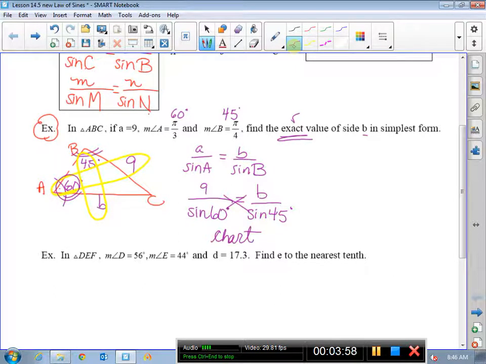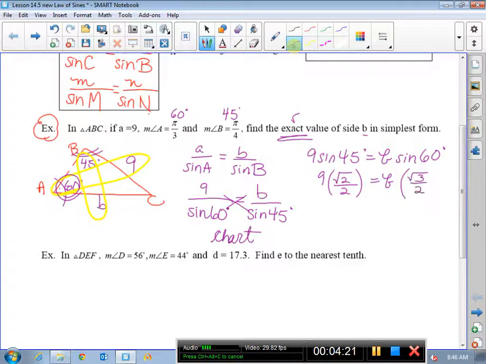So we're going to cross over 9 sine of 45 equals B times the sine of 60. And that's 9 times, do you know the sine of 45? Radical 2 over 2. Sine of 60, radical 3 over 2. And then to solve this for B alone, I would be multiplying both sides by 2 over radical 3.